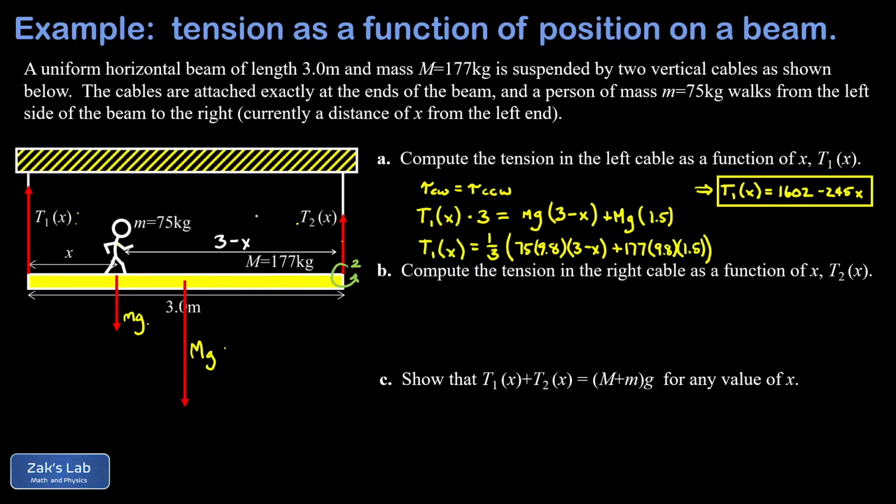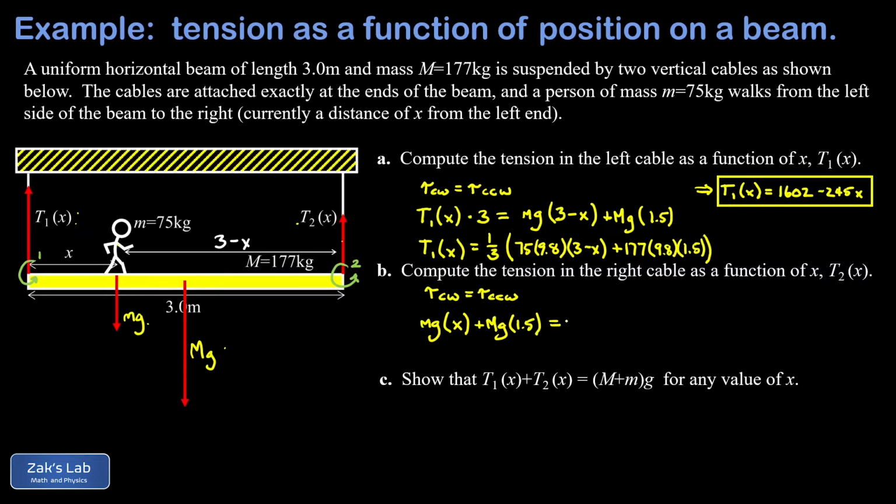Now to tackle part B, getting the tension in the right cable as a function of x, we just use the left end as our rotation axis, and I'll call that rotation axis 1. And again, the point there is that the torque exerted by T1 with respect to that axis is 0 because the lever arm is 0. So we get into balancing our torques again. And this time the clockwise torques are caused by the weights of the person and the beam. I have the weight of the person times the lever arm there, which is now simply x, plus the weight of the beam, capital Mg, times its lever arm, again 1.5 meters.